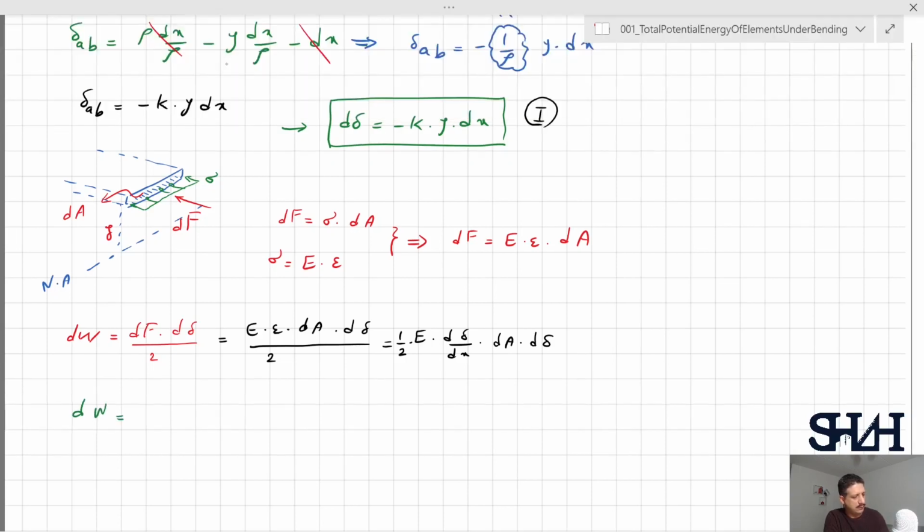So dW will be 1 over 2 E times d delta divided by dx, which is minus kappa y, times dA times d delta, which is minus kappa y dx. So it will be 1 over 2 E kappa squared y squared dA dx.